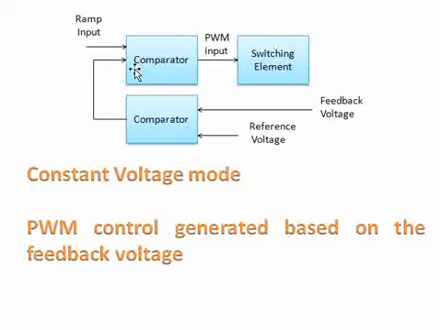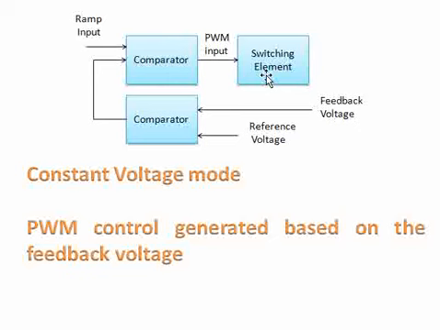To this comparator there is a fixed ramp input, generated internally, provided as a constant. The other input of this comparator is the error voltage output of another comparator, commonly seen in linear regulators, where we compare the feedback voltage from the output to the reference voltage. Based on this error between the reference voltage and the feedback voltage, the duty cycle is going to vary.